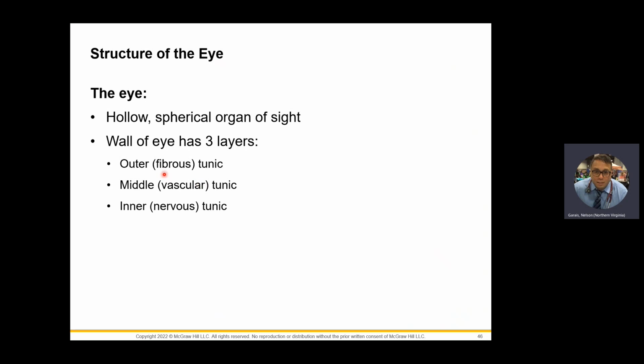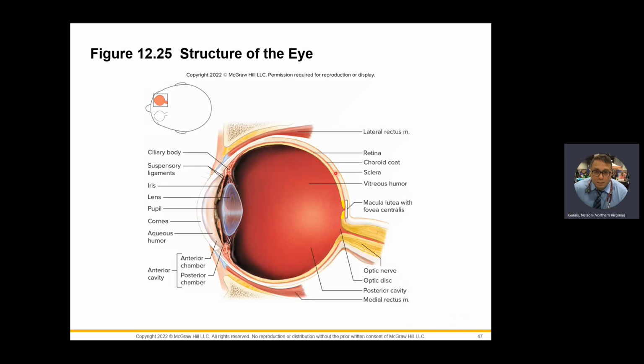The outer layer is fibrous, it's tough. We already learned that from the cornea. Middle layer is vascular, has a lot of arteries and veins. But the inner layer, that's the most important to us with the eye, that is the nervous layer. And you can see the nervous layer all the way deep inside here, and that's called your retina.